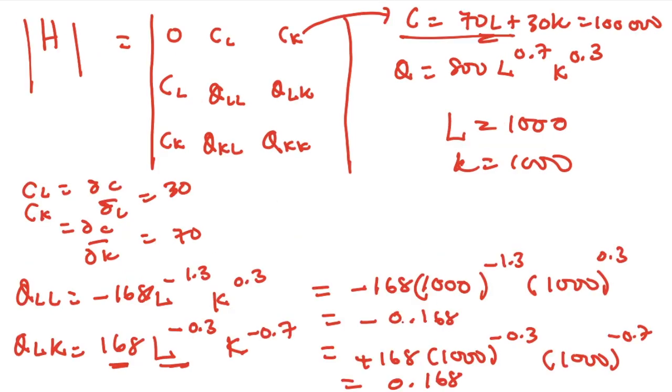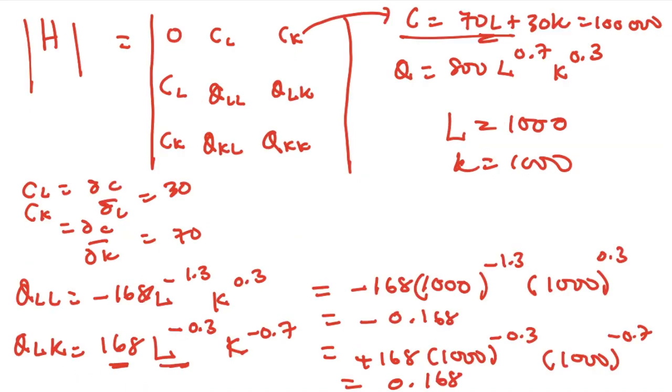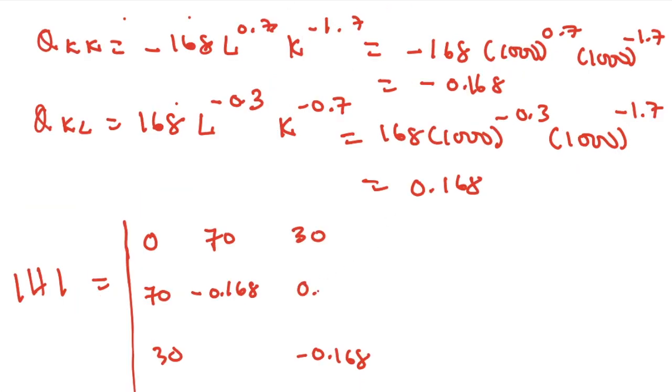QLL is minus 0.168. QKK is here, also minus 0.168. This one, QLK, is positive 0.168. QKL here is this one, positive 0.168. So you have constructed the bordered Hessian matrix.